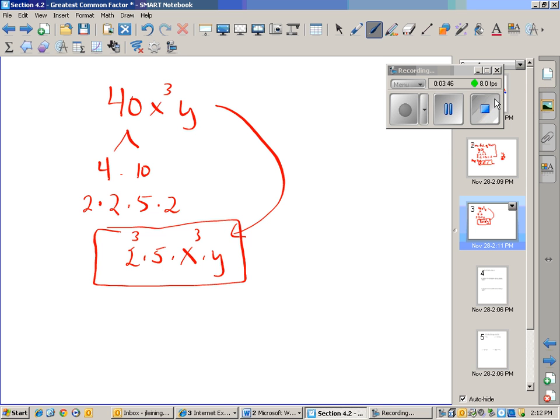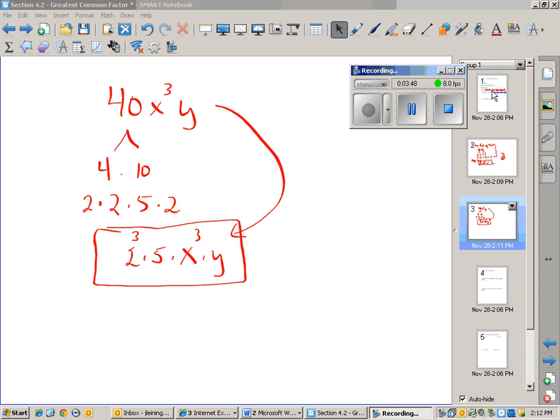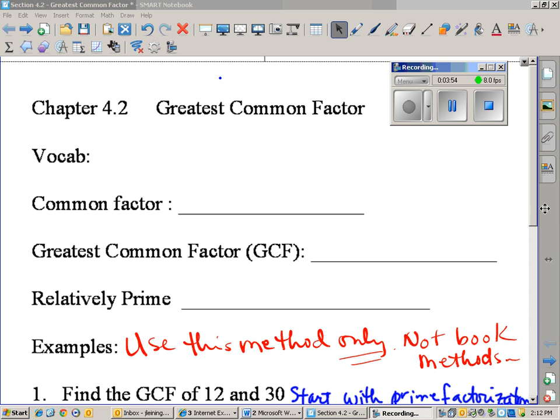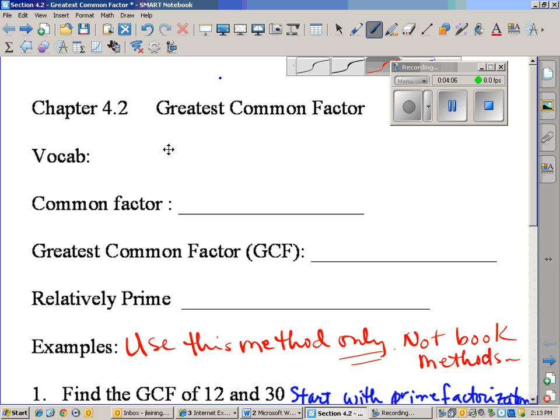So let's get back to our notes now for 4.2. Page number 1, we have a little vocab. I've put some of it in here already. We'll talk about it as we go as well. You're taking good notes. A common factor. Well, common factors are, first of all, whole numbers. So we're not dealing with any decimals. We're not dealing with any negatives.